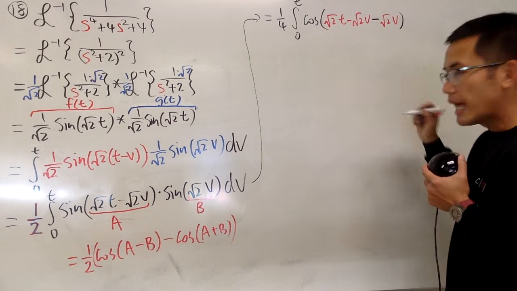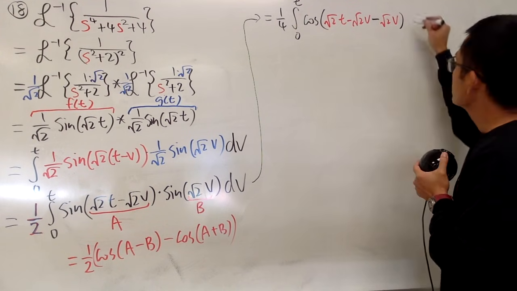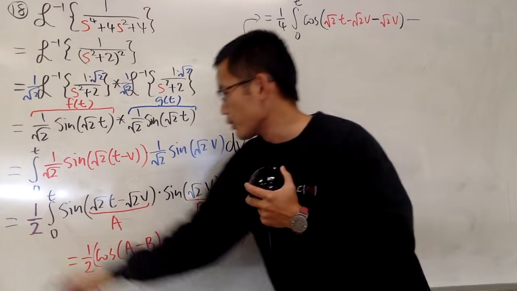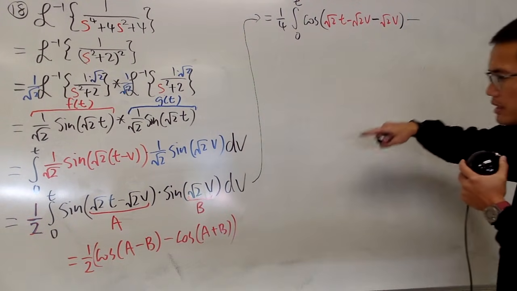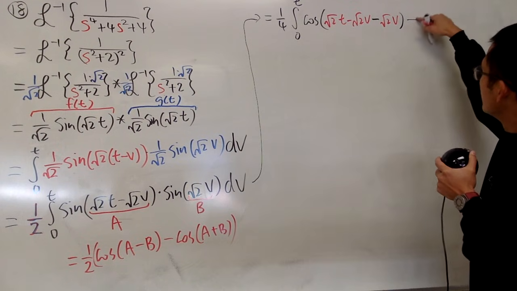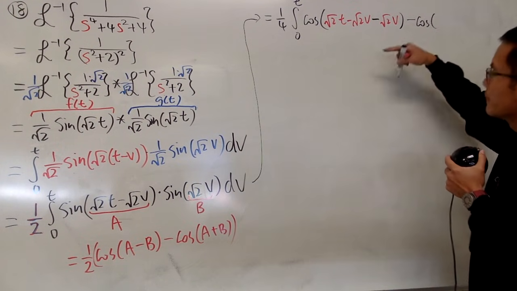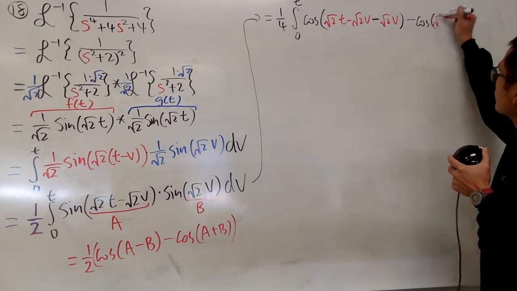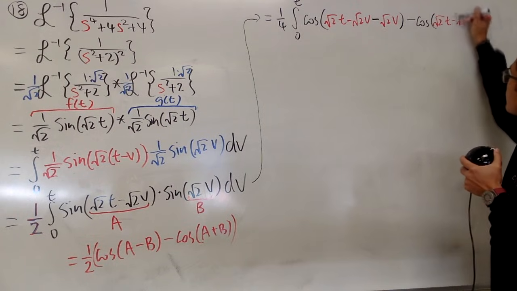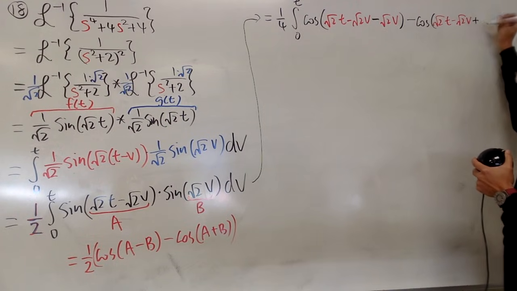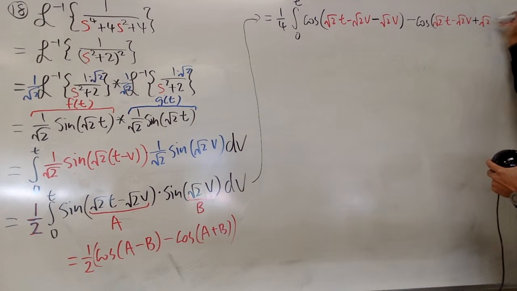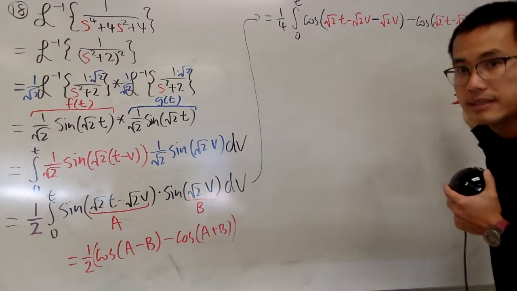So that's the first part, and then we have to minus, and again I factored out the 1/2 already. And the next part is cosine of A plus B, which is square root of 2t minus square root of 2 phi plus square root of 2 phi, like this.